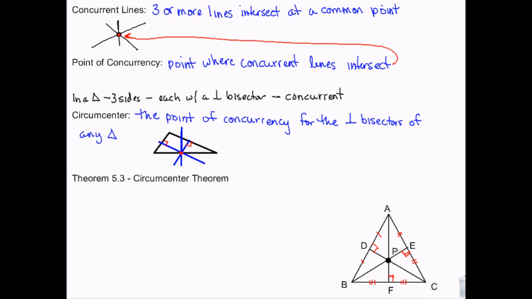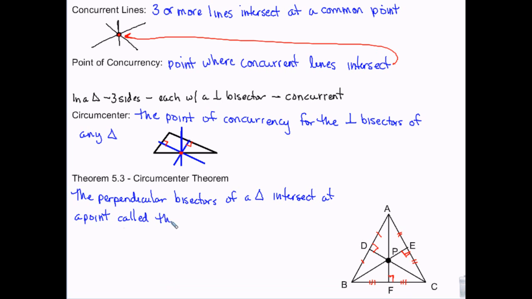And the circumcenter theorem is a theory that we get about the circumcenter, and this is a fact. Okay, so the perpendicular bisectors of a triangle intersect at a point called the circumcenter.